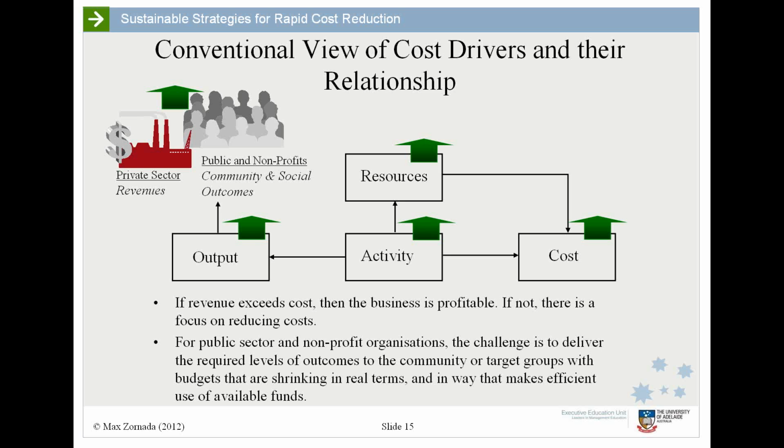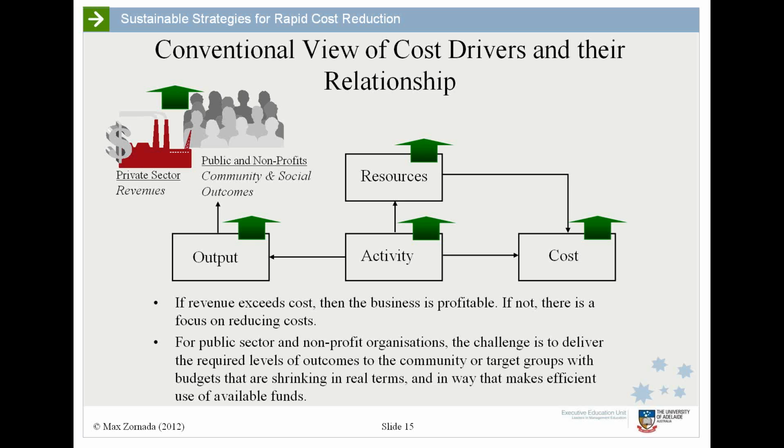Usually in the private sector organisation, when times are good, if they can keep a spread between the revenue and the cost, then that's not a problem. If, however, the spread between revenue and cost reduces, then they often turn to cost cutting. In public sector and non-profit organisations, the environment that we've seen in the last decade or so is one where there's the challenge to deliver more.